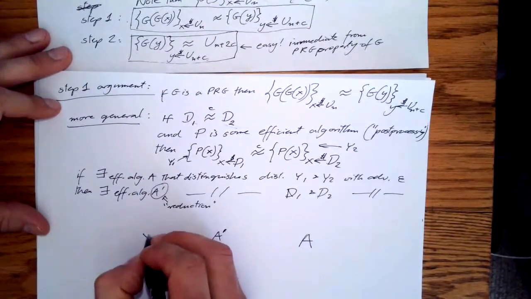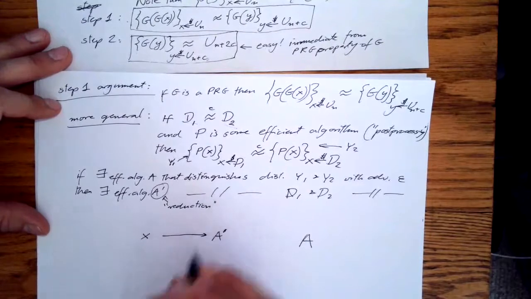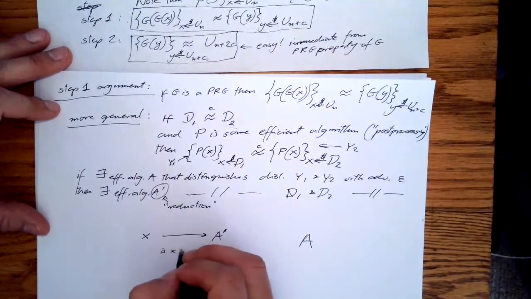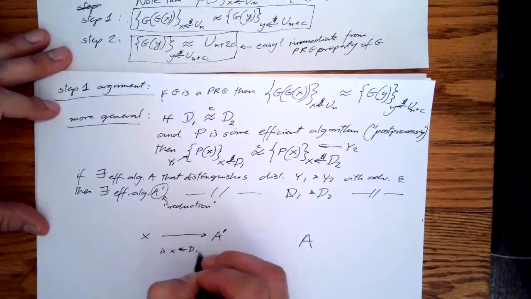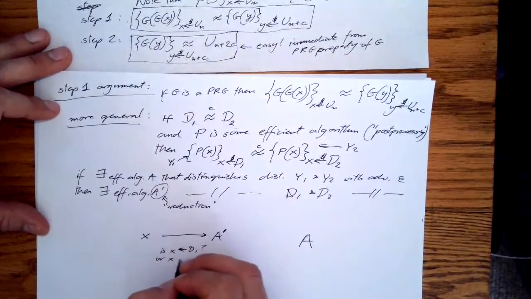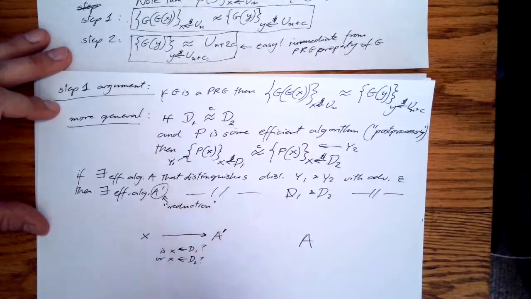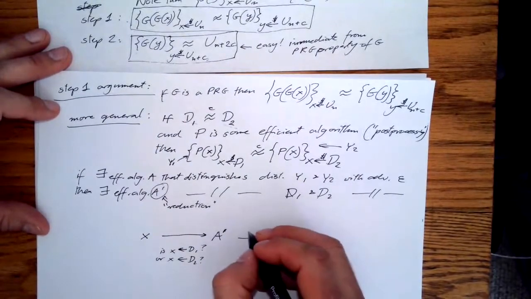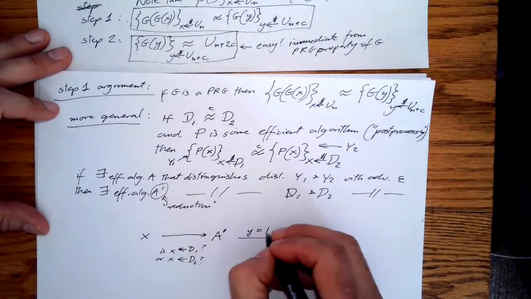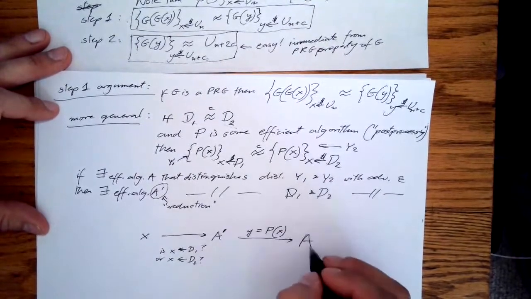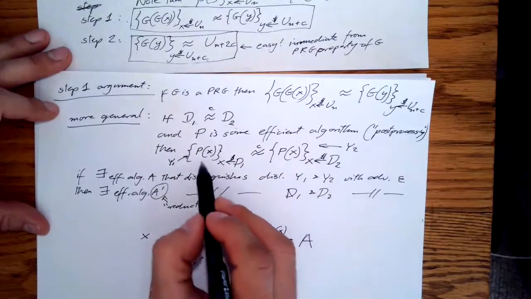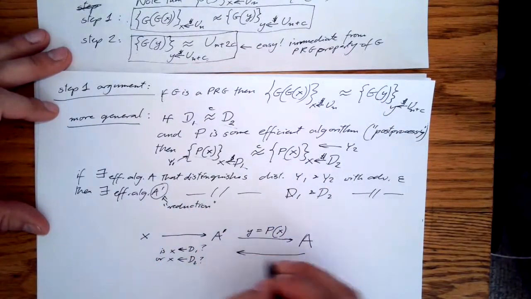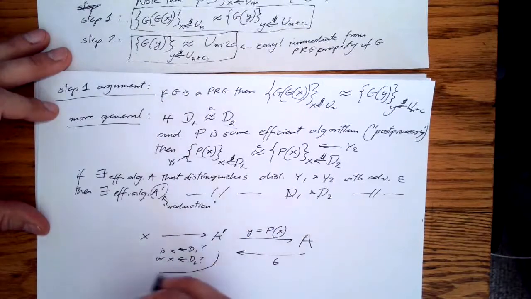If he has some input X, his question is: is X from D1 or is X from D2? He doesn't know, but what he's going to do is give a string Y, which is the post-processed X, to A, the A who claims to see the difference between these two, and whatever this guy outputs, this guy just copies.